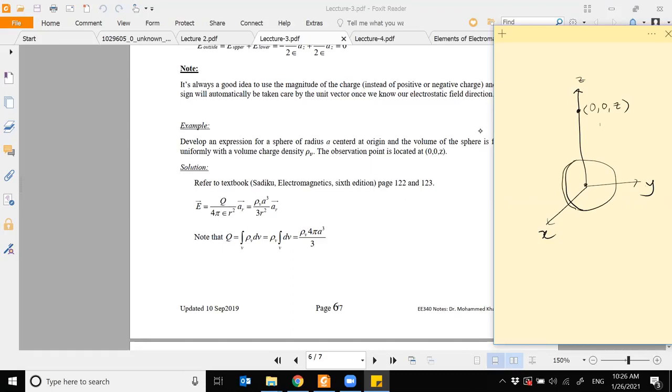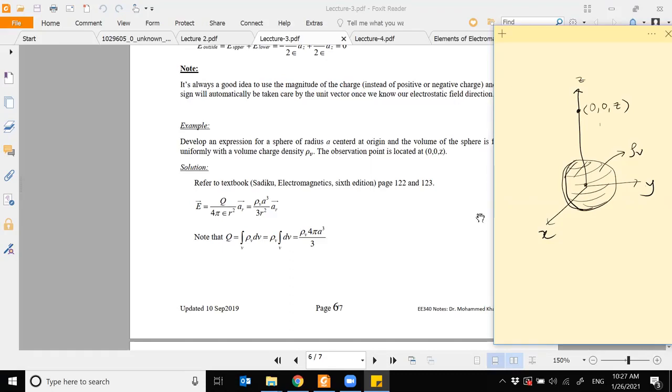It's a sphere, a solid material. Okay, so it's a completely solid material, and it is filled with a volume charge density rho v. Okay, so we are not going to solve it in our class now. So this is our problem statement.